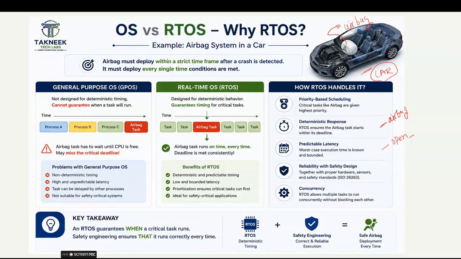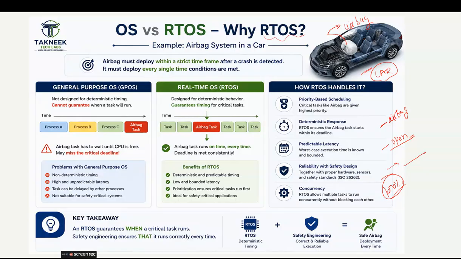Whenever the conditions are met, your car gets hit, and the airbag should open within that time frame. Second, it should open every single time. If your car gets hit 1,000 times, it has to open 1,000 times, not 999 times. It has to open with 100% accuracy. That's what we are achieving with an RTOS.